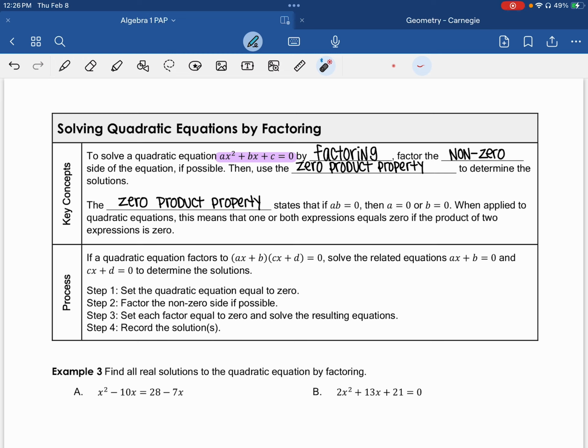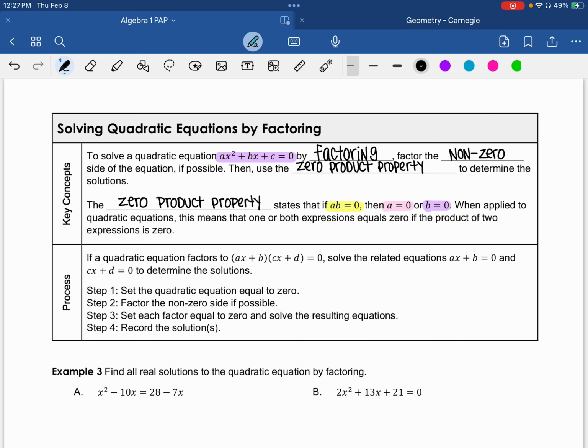The zero product property states that if A times B equals 0, then either my A value or my B value has to be 0. Could they both be 0? Yes, but in this instance, they can't be because if A is 0, then there is no x squared term.